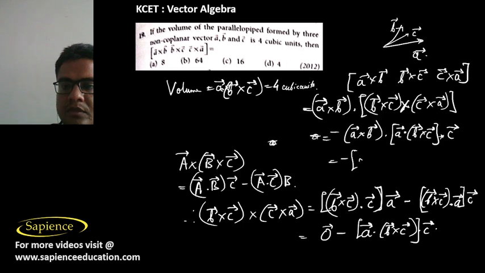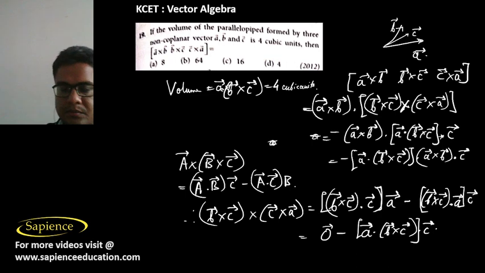This will be minus of A dot B cross C, which is our constant, into A dot A cross B, which is also equal to minus of the box product of ABC.